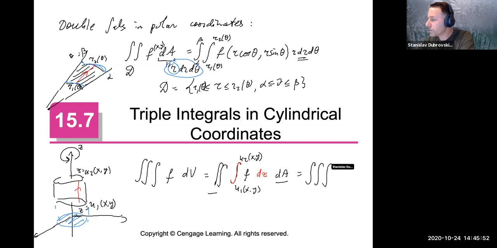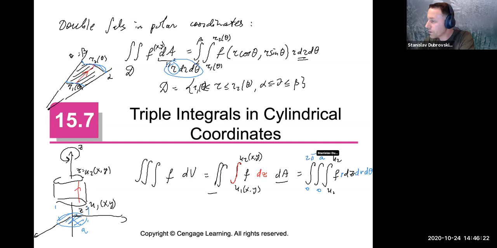So we can eventually write the whole thing as a triple integral, first with respect to z from u1 to u2, and then we have the conversion factor, let's put it here, r dr d theta. Then with respect to r, it could be a curvilinear region. In this case, let's assume it's a disk of radius a, so r from 0 to a, and theta from 0 to 2 pi.